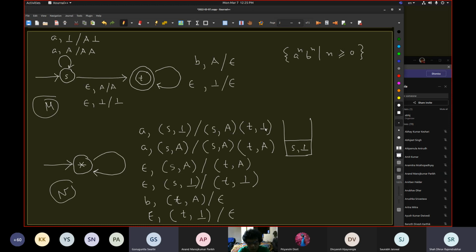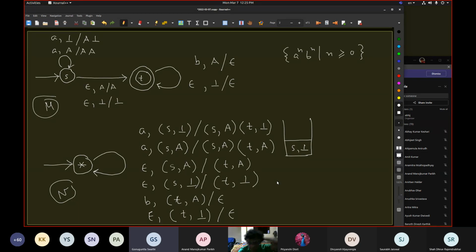It's the change of S to T. Okay, sir. Got it. You see that this can be popped out, or this can be popped out, when A can be popped out, only when the original machine is in state T. Okay. Yes, sir. Okay, good.